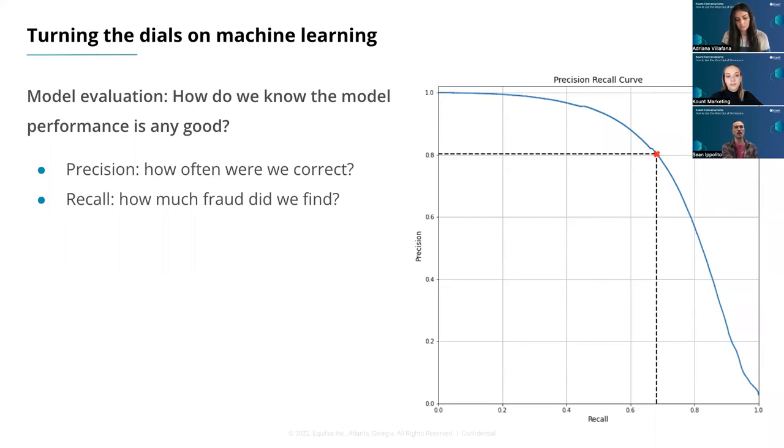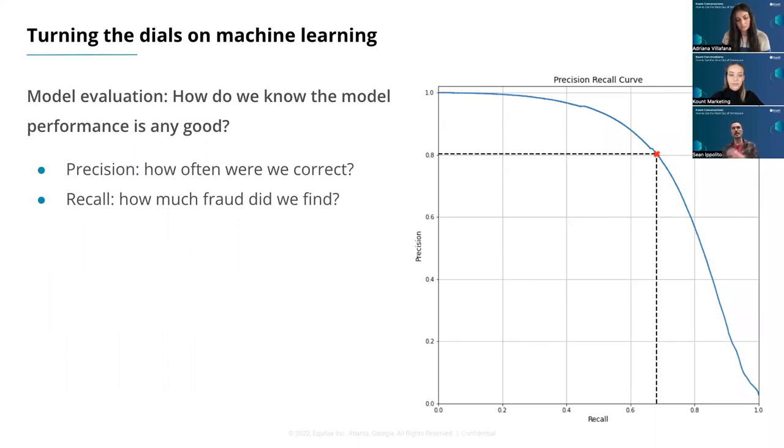And there's approximately 120 that are actually fraud in the sample. So at the highlighted point, with 100 observations, 60% of the fraud is being captured, which is recall, while 80% of the items are actually fraud, which is precision, or in other terms, 20% are false positives.